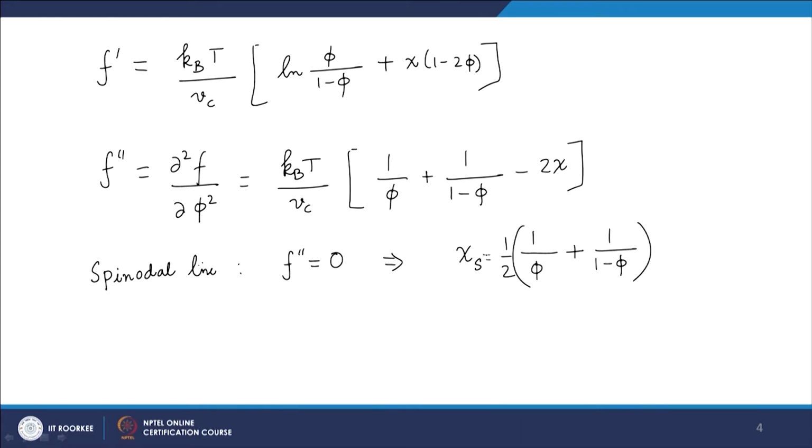And then if I want to find the value of the critical point, I have to find the third derivative. So let us go ahead and try to find the third derivative.